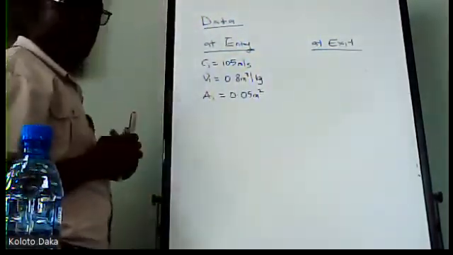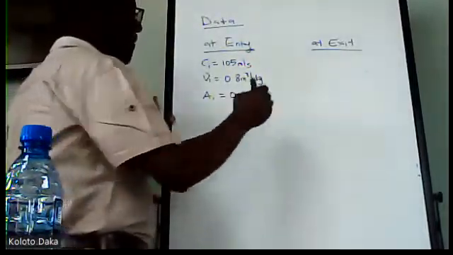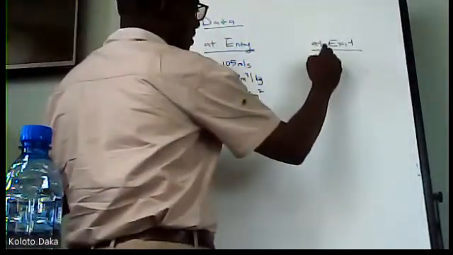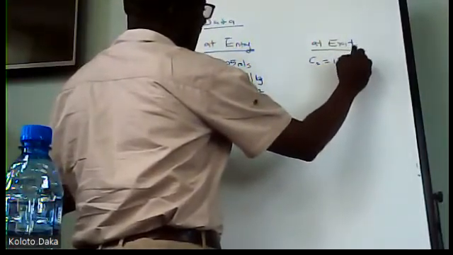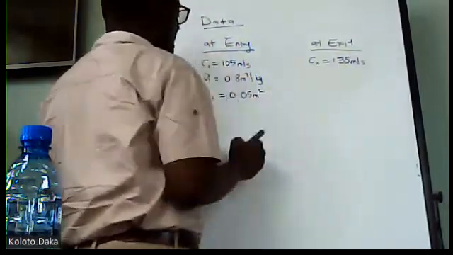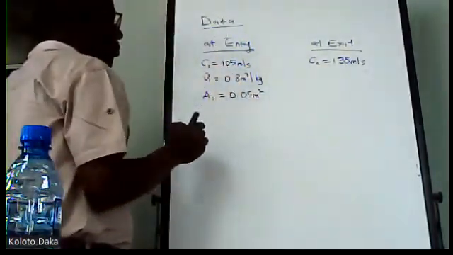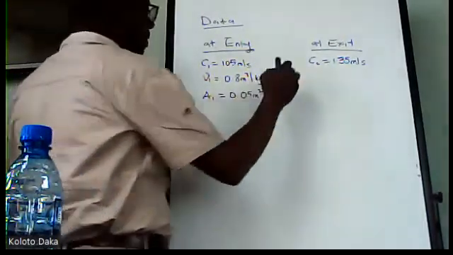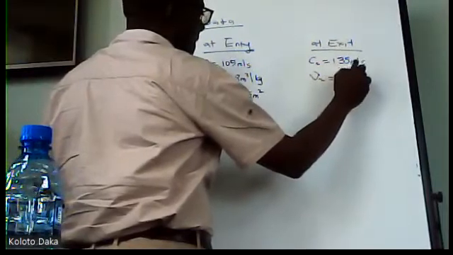At exit, the air has a velocity of 135 meter per second. So we come here now. C2, 135 meter per second. And a specific volume of 1.3 meter cubed per kg.